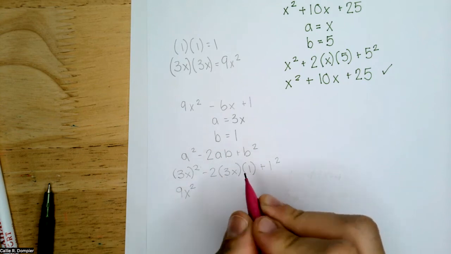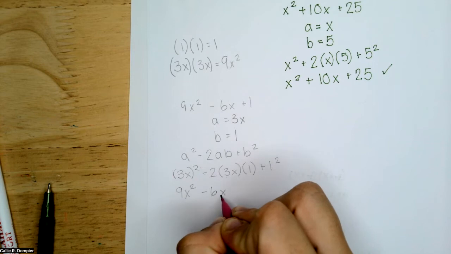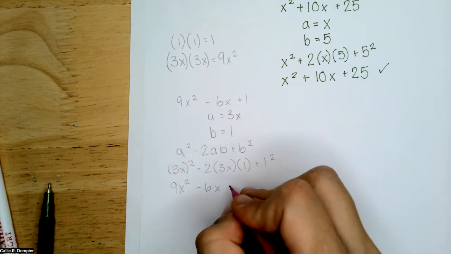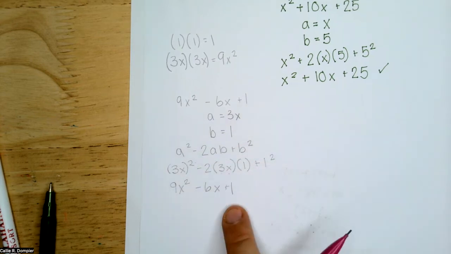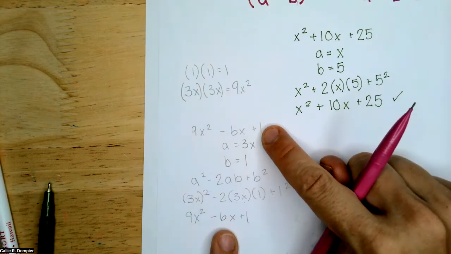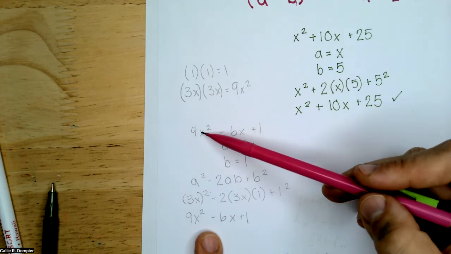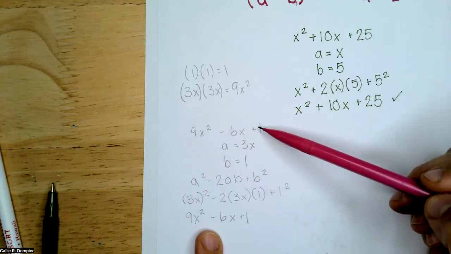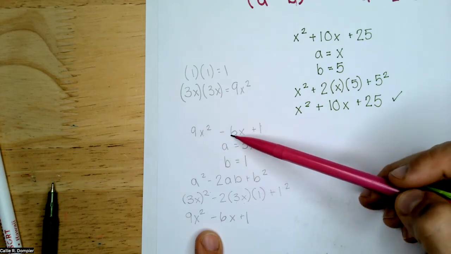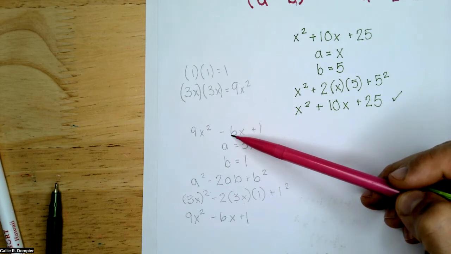Negative 2 times 3 times 1 is negative 6 with 1x, and then 1 squared is 1. So, yes, this is a perfect square trinomial. We made sure that this is a squared, this is b squared, and that this is 2 times a times b.